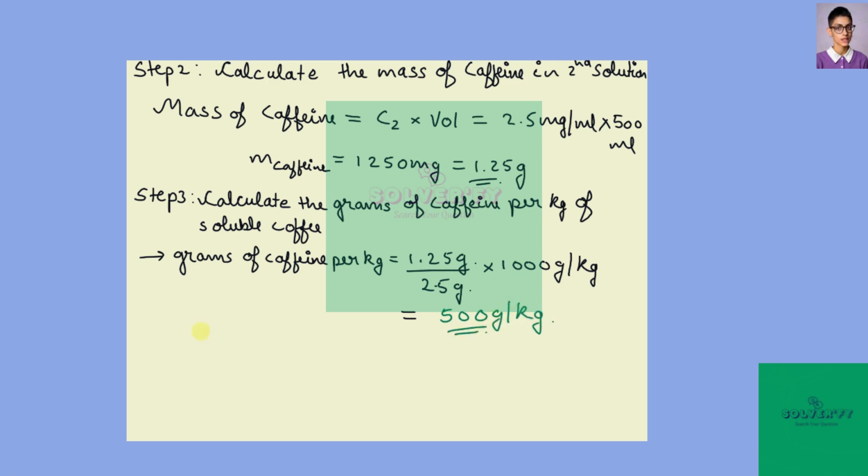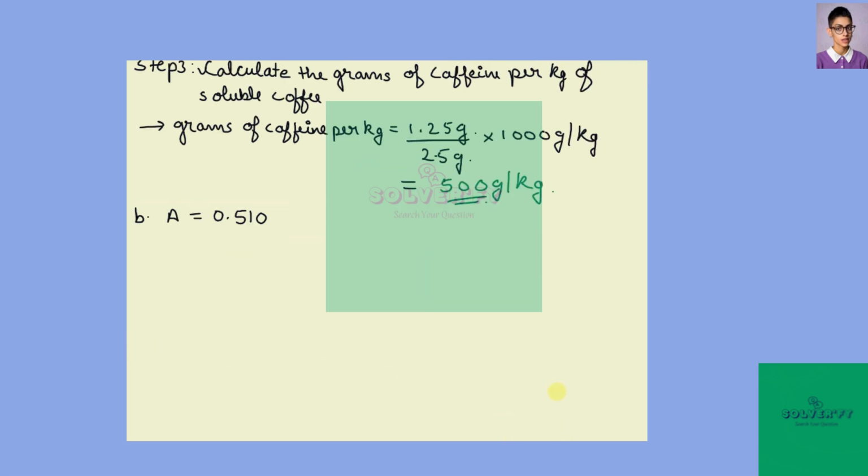Now let's see the second part of the question, which is to calculate the fraction of light transmitted. We have been given the absorbance value, which is 0.510. We will use the formula T equal to 10 raised to the power minus absorbance. So let's put the value over here.